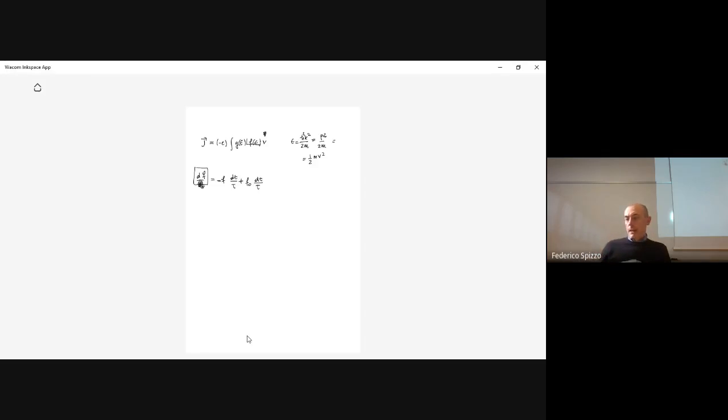E quindi il bilancio fra le perdite e le aggiunte lo faccio usando la distribuzione fuori equilibrio per le perdite e la distribuzione all'equilibrio per i nuovi elettroni che sono arrivati nel sistema.